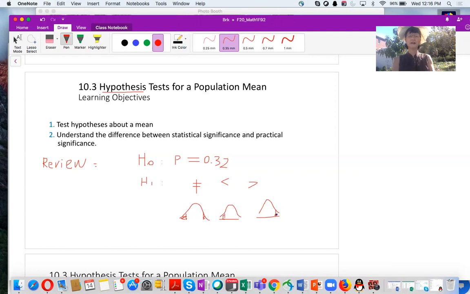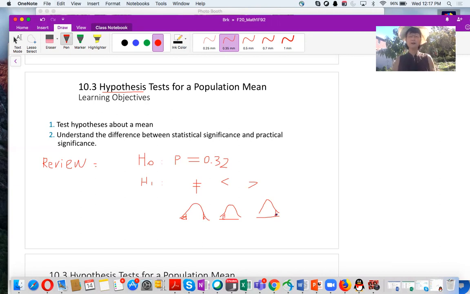Type 2 error is when you do not reject null hypothesis, but as a matter of fact, null hypothesis is wrong, or alternative hypothesis is correct.